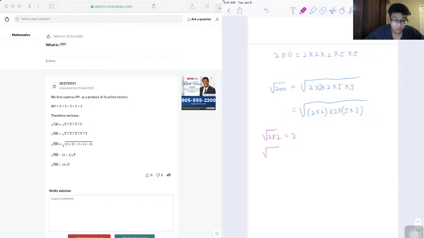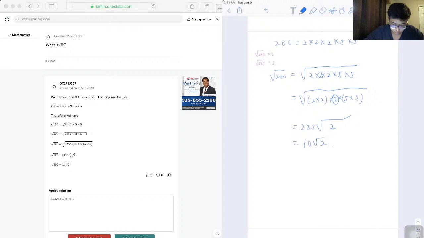And if we take the square root of 5 times 5, it's going to equal 5. So we can take a 2 out from there and a 5 out from there. So it becomes 2 times 5 times, because there's only one 2 left, root 2. So that's going to be 10 root 2. Right. So that will be our final answer.